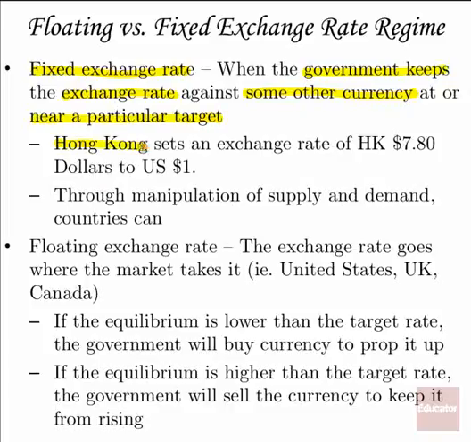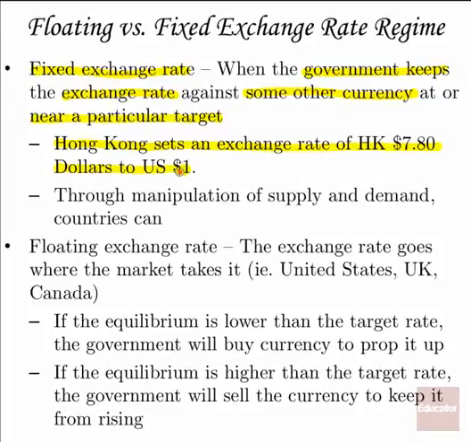This is what Hong Kong does. They set an exchange rate of Hong Kong $7.80 to $1, which is maybe why you see the situation where the Big Mac is relatively the cheapest in Hong Kong.